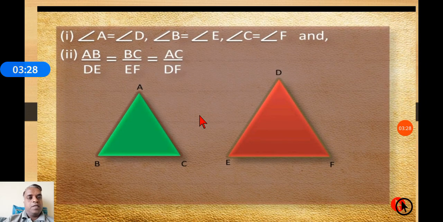Here, angle A is equal to angle D, angle B is equal to angle E, angle C is equal to angle F. Then the sides will be proportional: AB by DE, BC by EF, AC by DF.